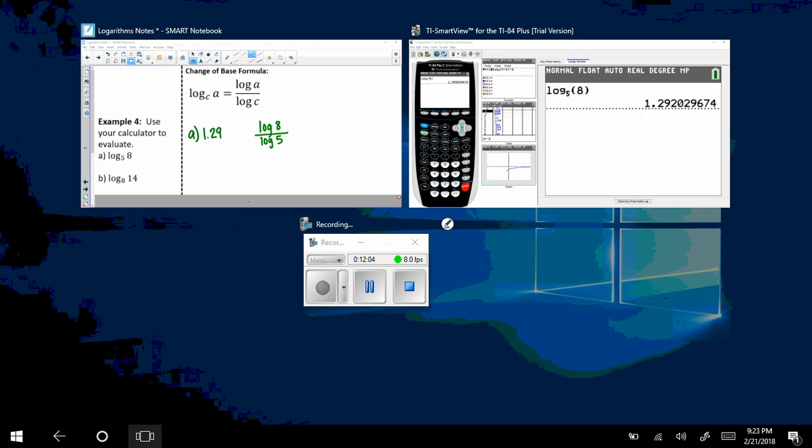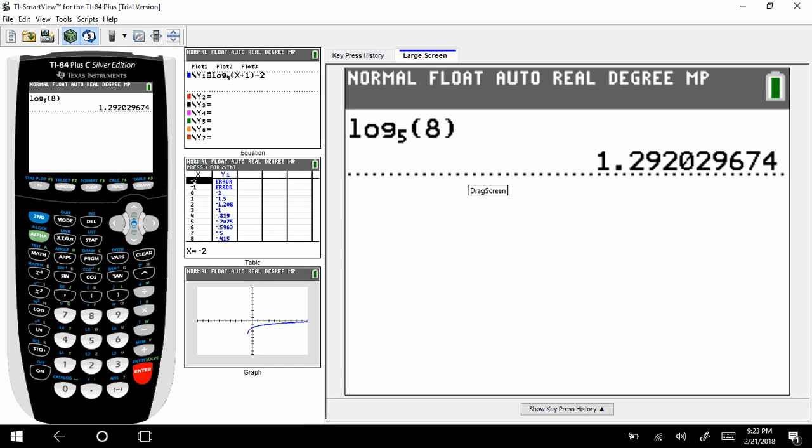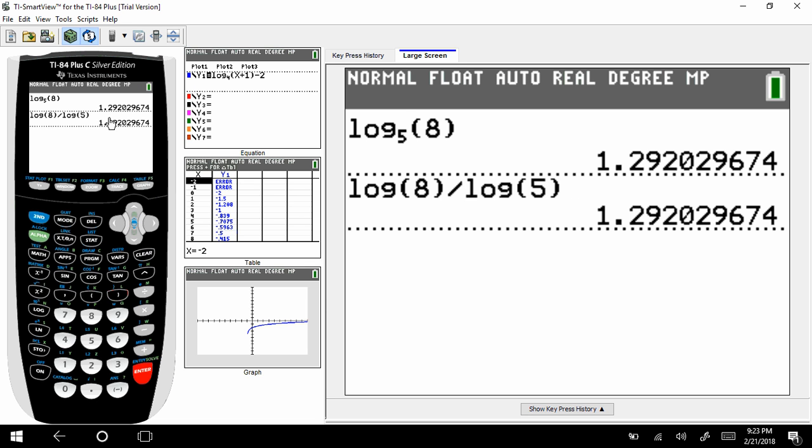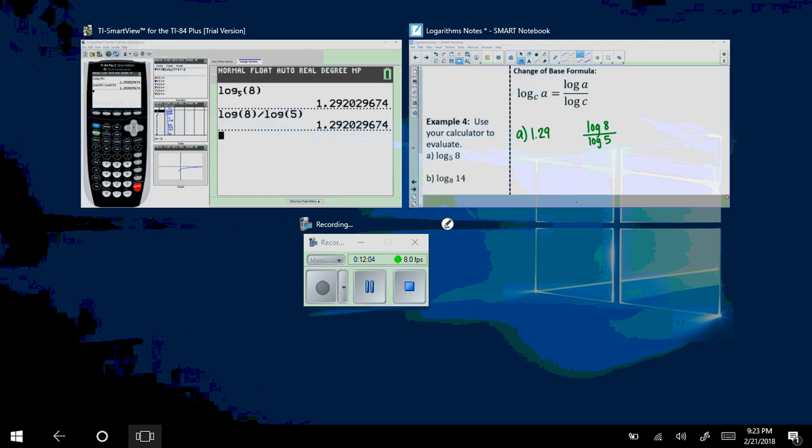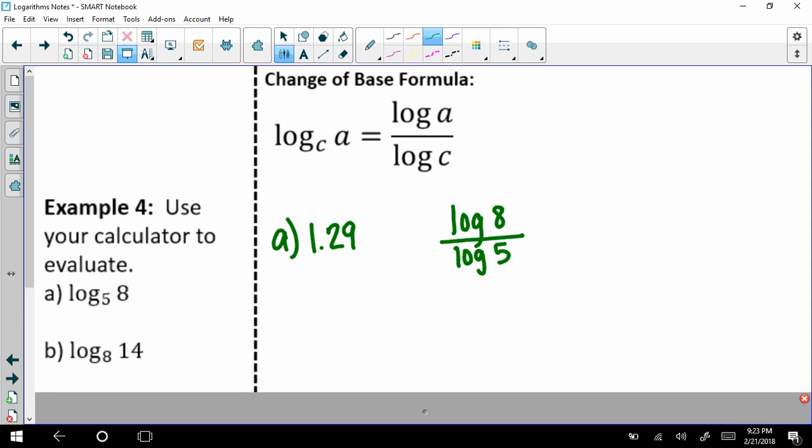So in your calculator, you would do log 8, close your parentheses, divided by log 5, close your parentheses. And notice we get the same exact number. That's how those of you that don't have the log base function have to type it in your calculator.